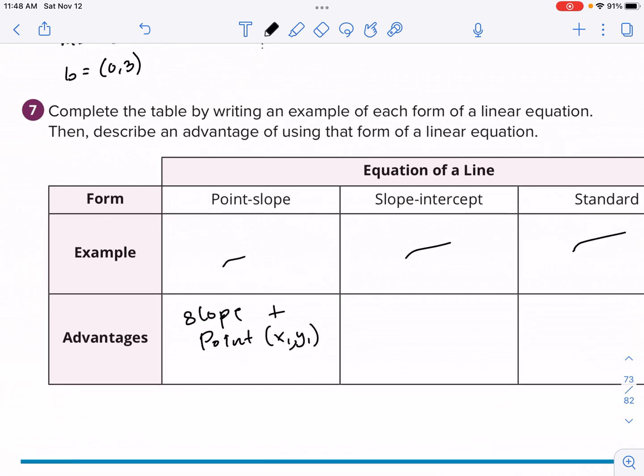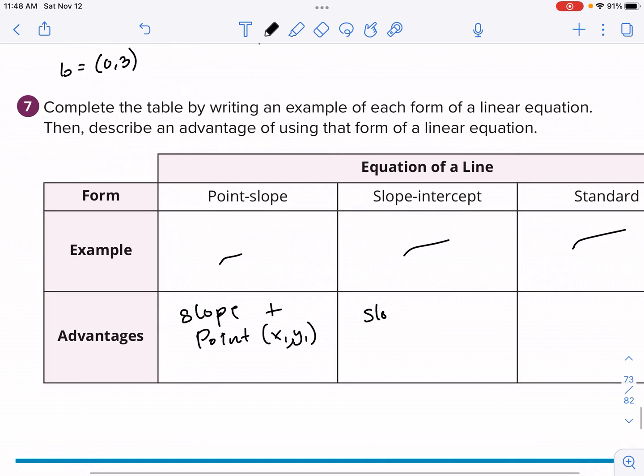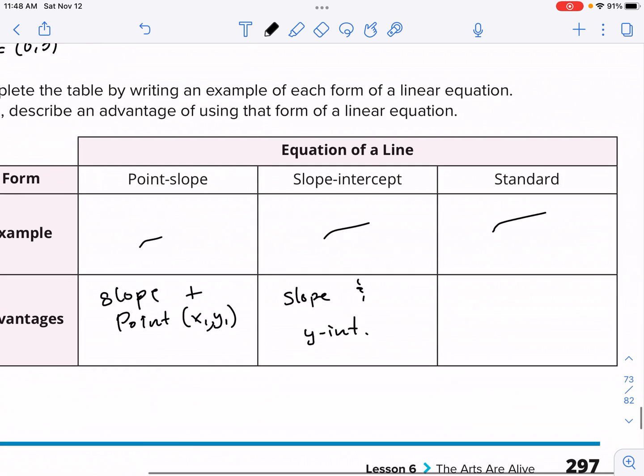We use slope-intercept form when the slope is known and a specific intercept, that is the y-intercept. And then we use the standard form when we can determine both intercepts. We'll put it in plural. Determine both intercepts of the line by substituting 0 for x and y.